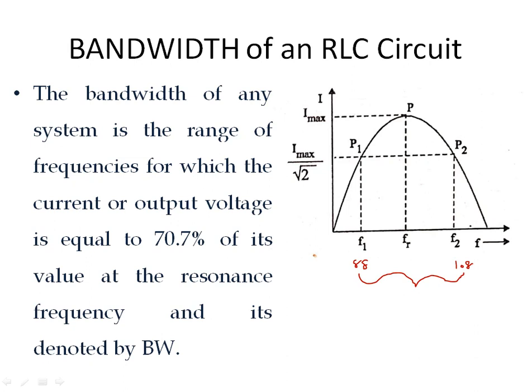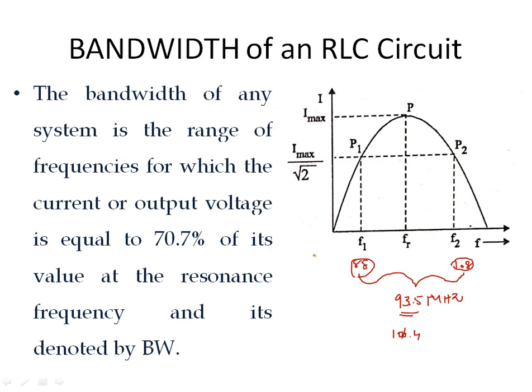Suppose you are listening to Suryan FM, that will be 93.5 megahertz. So 93.5 lies between these two values, 88 as well as 108. Similarly, 90 FM Rainbow, 106.4 Hello FM, everything lies between these two limits.